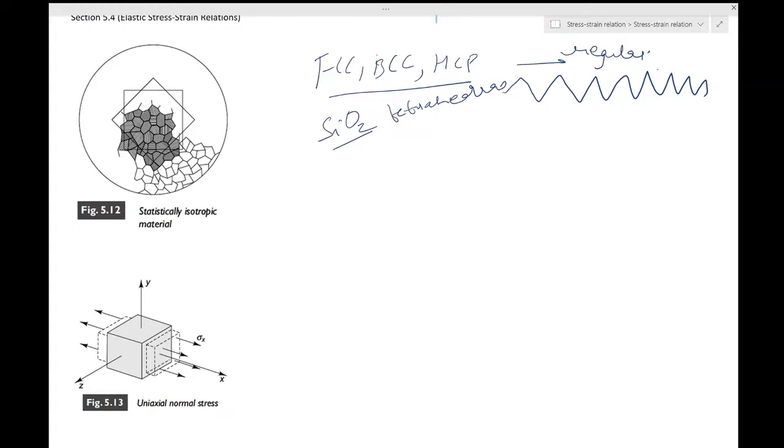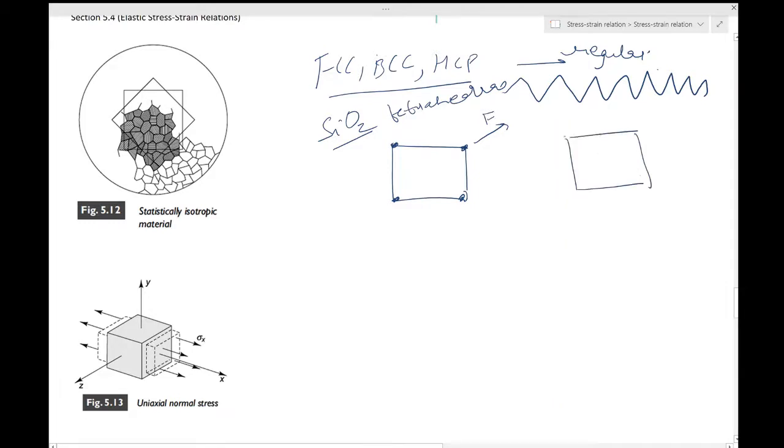So if you try to pull an atom in one direction, consider this case in which you have 1, 2, 3, 4 atoms. Now you are trying to pull this atom in this direction by a given force. Now consider another configuration.